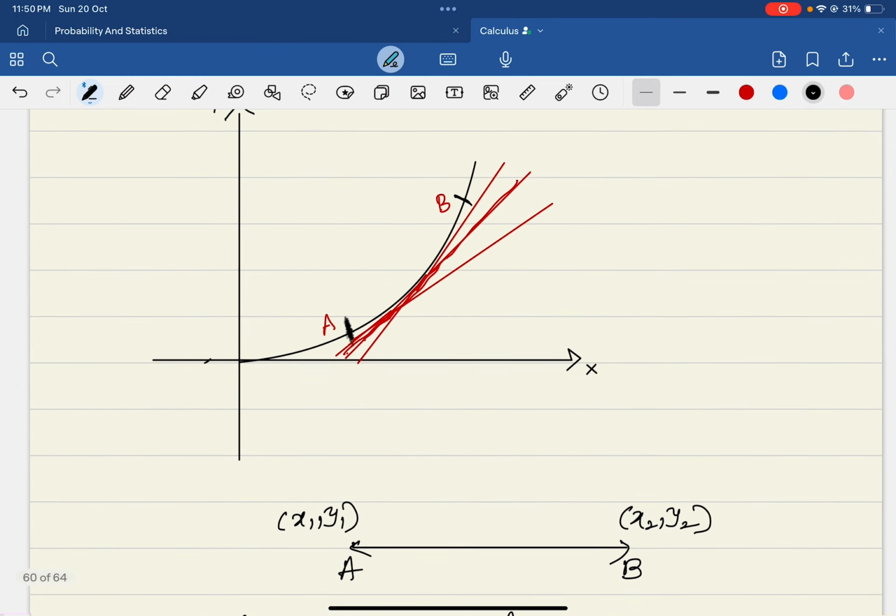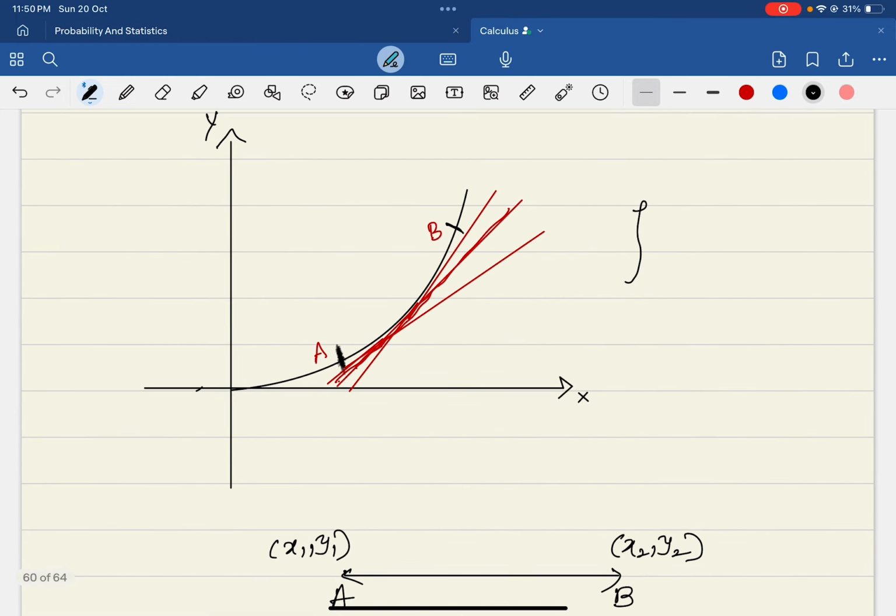I want the length of the total arc from x equals a to x equals b. The length of the arc is given by summing such distances, from this point to this point, this point to this point, and so on.